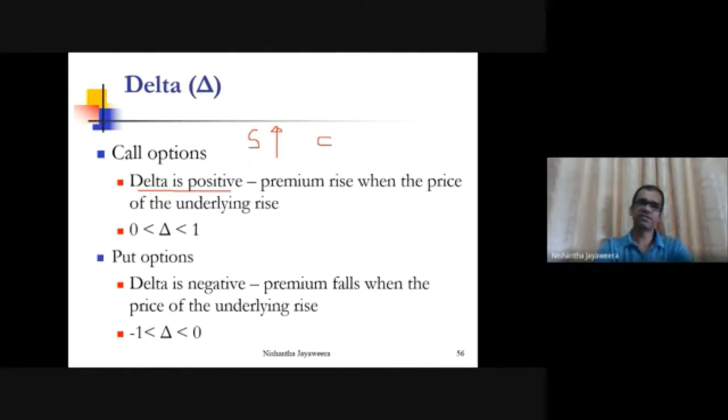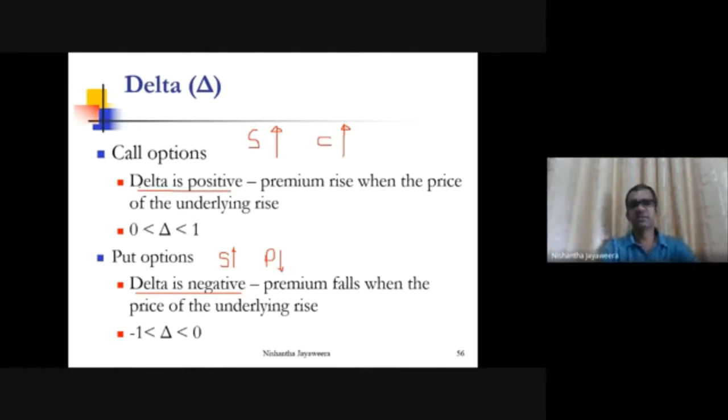If the spot price increases, what happens to the premium on the call? It also increases. So this sensitivity is positive, they move in the same direction. But for a put option, if spot price increases, premium decreases. That's why delta is negative.